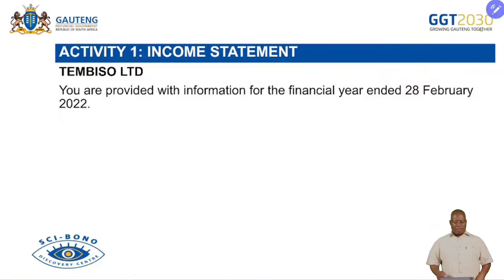This said and done, let's now have an activity to start looking into our income statement so that we can be in a position to see those adjustments that are always coming, as well as how best we can deal with them when we are faced with such in the exam. So we have an activity for the income statement for Tembiso Limited. You are provided with information for the financial year ended 28 February 2022.